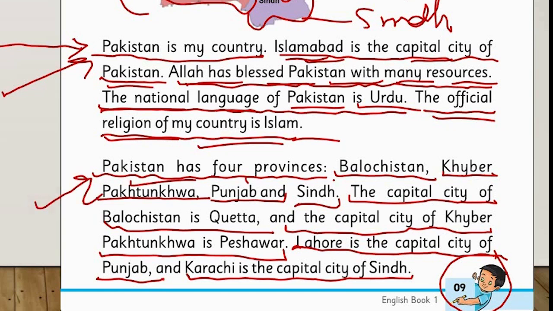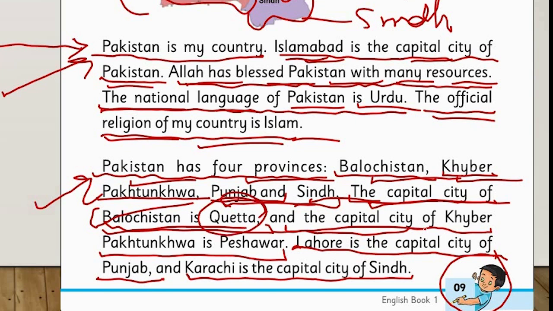Pakistan has 4 provinces: Balochistan, Khyber Pakhtunkhwa, Punjab and Sindh. The capital city of Balochistan is Quetta. The capital city of Khyber Pakhtunkhwa, which is also known as KPK, is Peshawar. Lahore is the capital city of Punjab and Karachi is the capital city of Sindh.